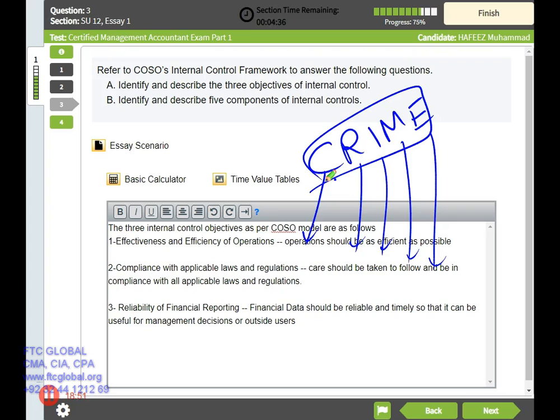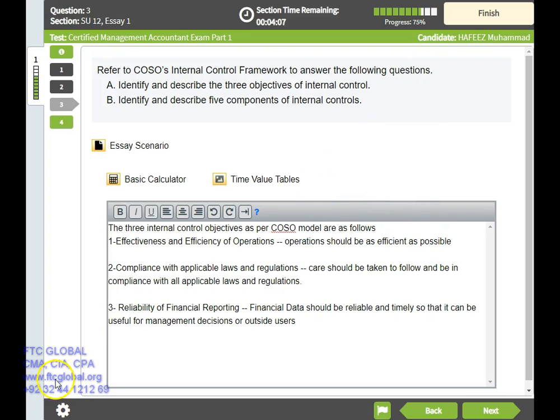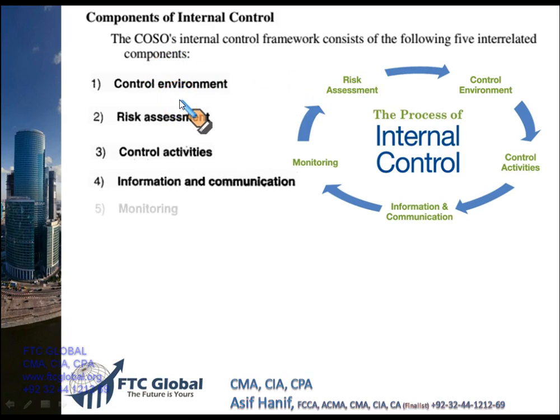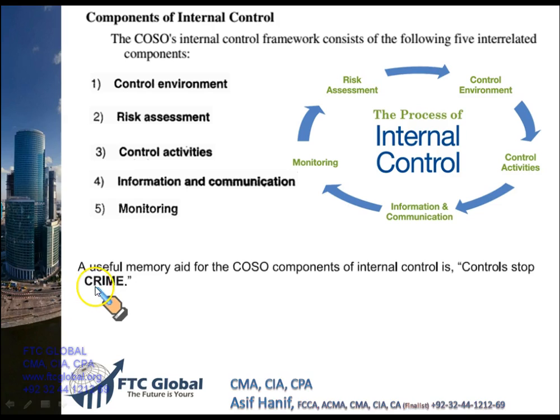Let me show you exactly from where we have taken this. See, the COSO internal control framework consists of 5 interrelated components. They can be memorized by the mnemonic called CRIME. C stands for control procedures or control activities, R for risk assessment, I for information and communication, M for monitoring, and E for control environment.